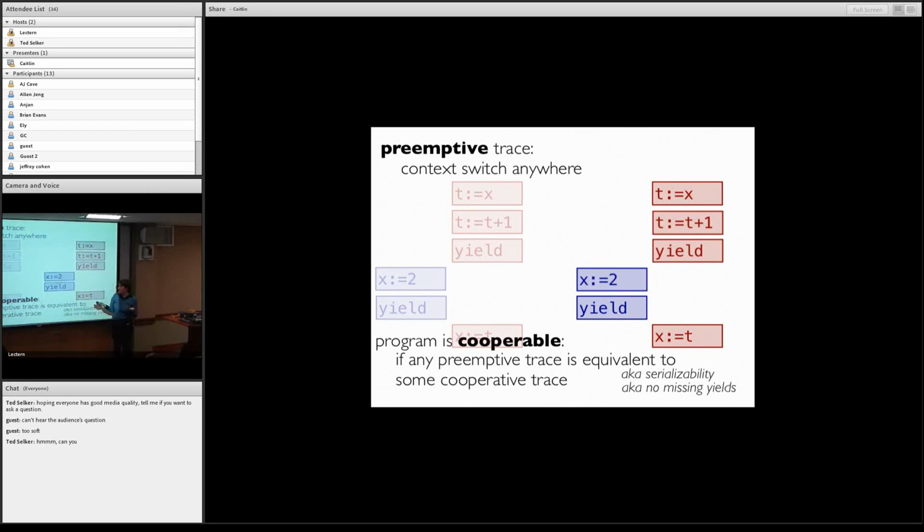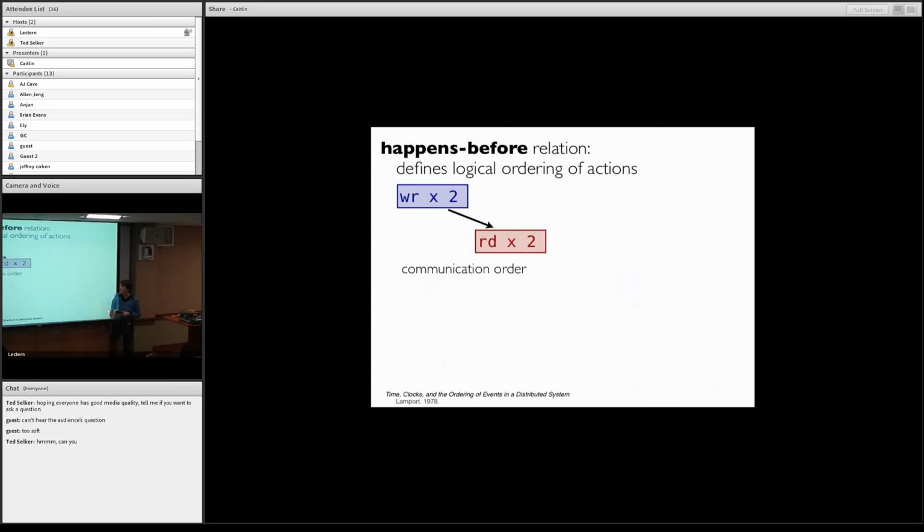Many concurrency analyses leverage the happens-before relation, which originally came from Leslie Lamport in a really great paper called "Time, Clocks, and the Ordering of Events in a Distributed System", which if you have not read, I would really recommend, because it's very interesting from a philosophical standpoint.